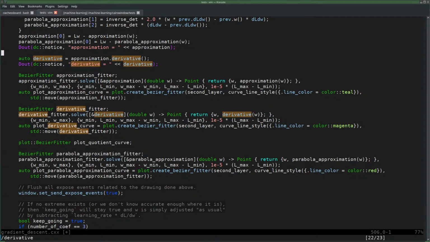So let's delete all this. And there is a problem with the plot fitter. I think I should use this type as well then here.